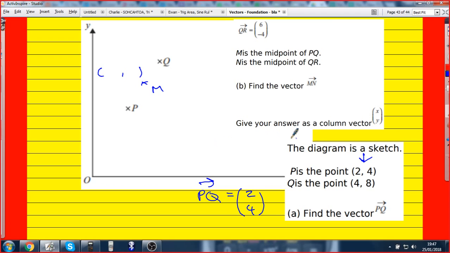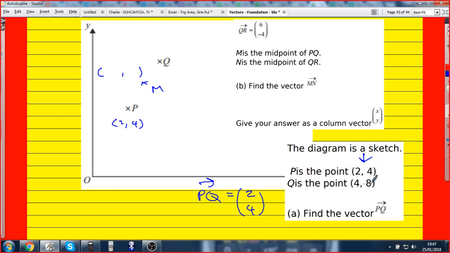If you start from P, you go across 1 and up 2, where are you? You're just halving that. Okay, so where are you though? You start at 2, 4. You go right 1 and up 2.